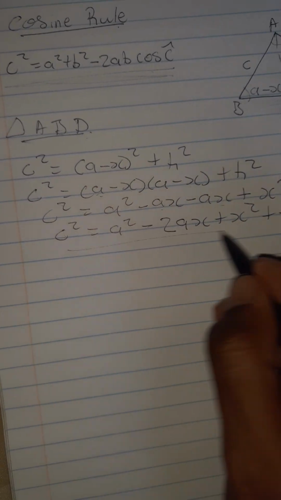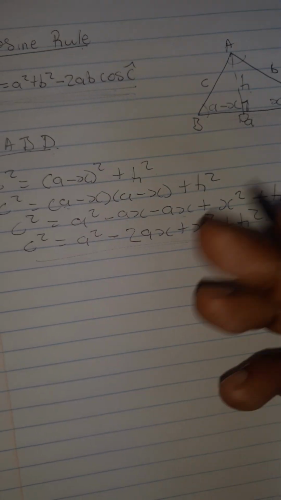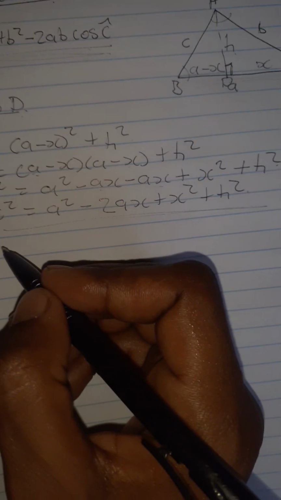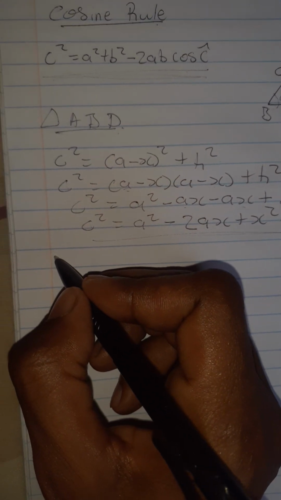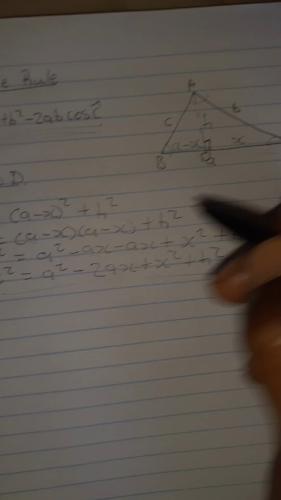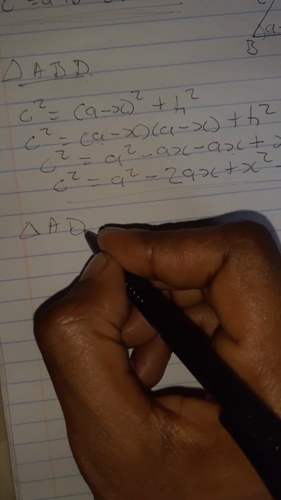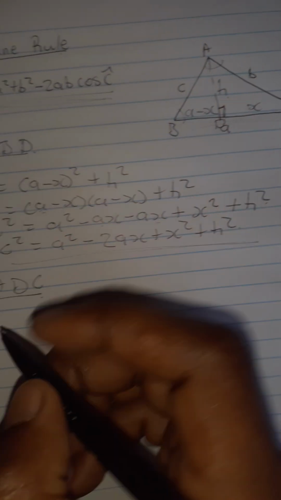Now, this is the skeleton of our original equation of the cosine rule. So we just need to make a few substitutions with the equations that we're going to formulate from this triangle ADC. Now for triangle ADC, you are going to first apply the what?